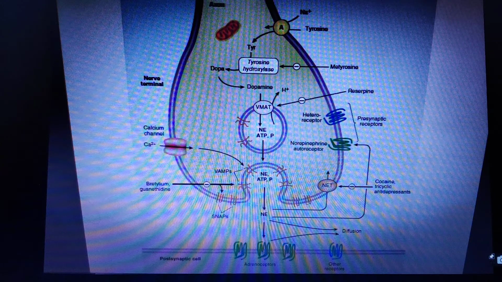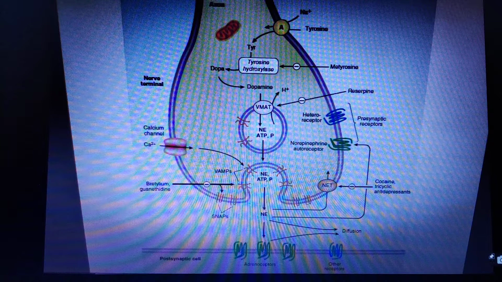And here also the pathway can be disturbed or intervened by various chemicals at various levels. For example, the enzyme tyrosine hydroxylase can be inhibited by metyrosine, which will prevent the formation of dopamine. Similarly, once the noradrenaline is released into the synaptic cleft, it can act on the postsynaptic receptors, which are alpha and beta.